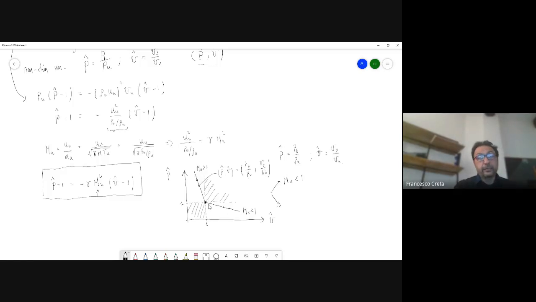So you have to look at these lines here. Now, if you look at these lines, you will see that the slope here is very shallow.